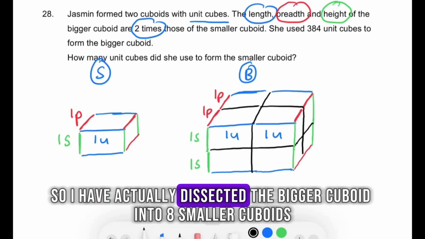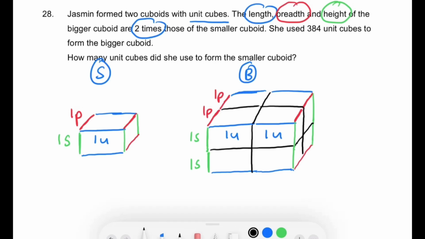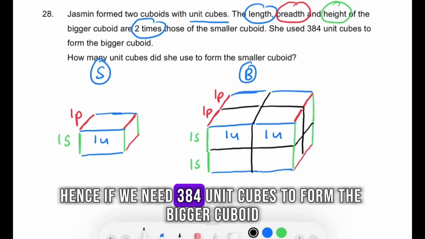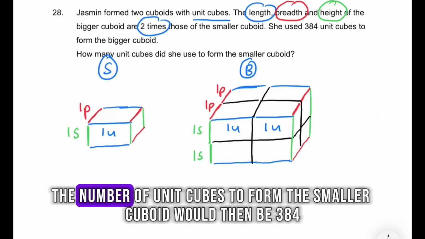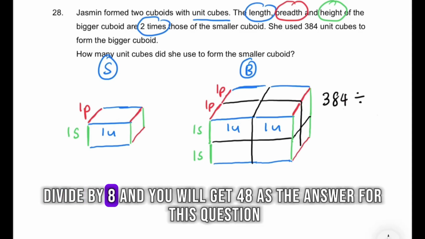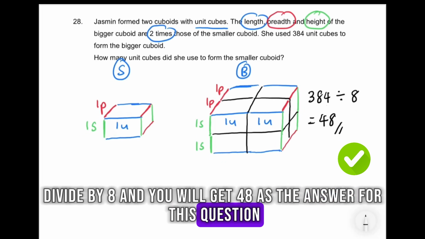So I have actually dissected the bigger cuboid into 8 smaller cuboids. Hence, if we need 384 unit cubes to form the bigger cuboid, the number of unit cubes to form the smaller cuboid would then be 384 divided by 8, and you will get 48 as the answer for this question.